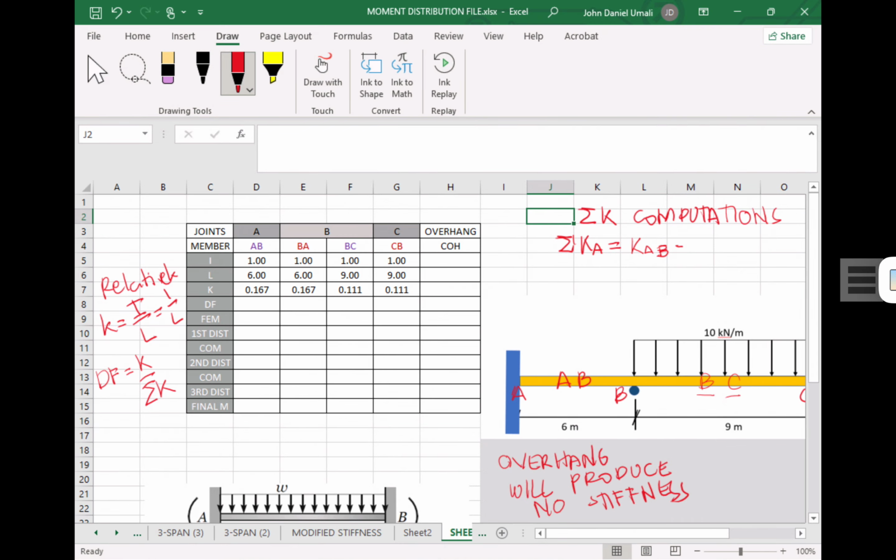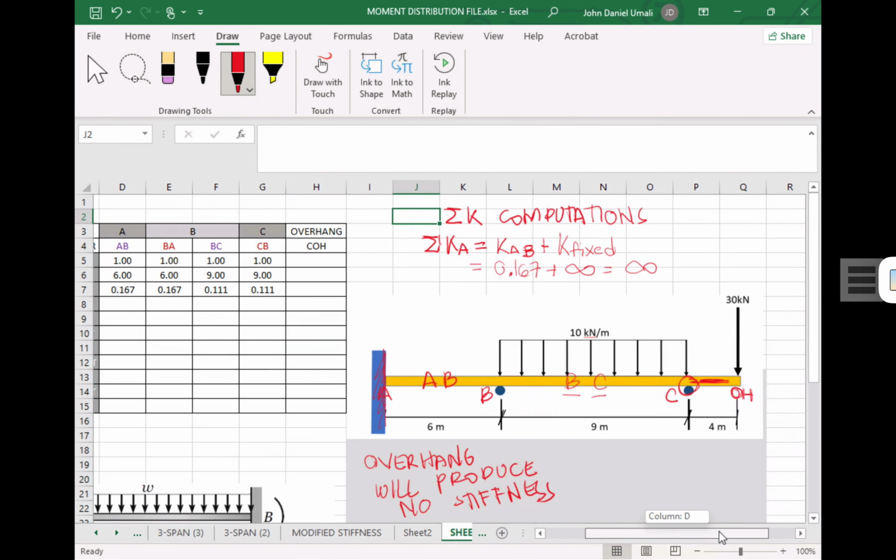And sino pa? Connected din sa joint A is a fixed support. So that is plus K of fixed. KAB is 0.167 plus, kapag fixed, we assume it to be infinity. So this reaches infinity.